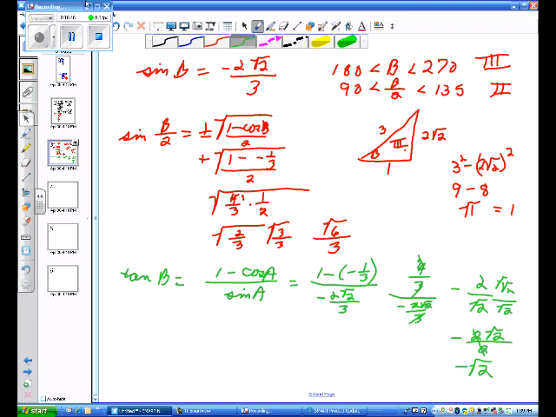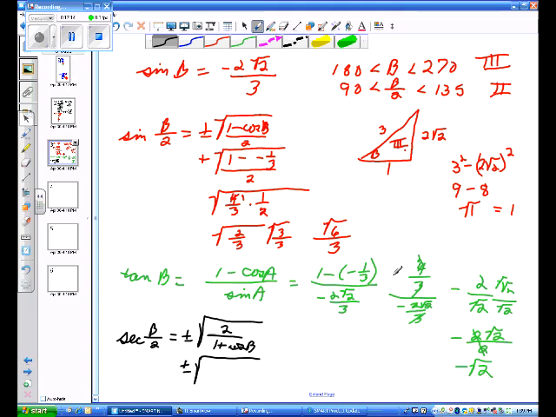Okay, let's say we want to find the secant of beta over 2. Well, the secant's the reciprocal of the cosine. So this would be plus or minus the square root of 2 over 1 plus cosine of beta, which would be plus or minus the square root.